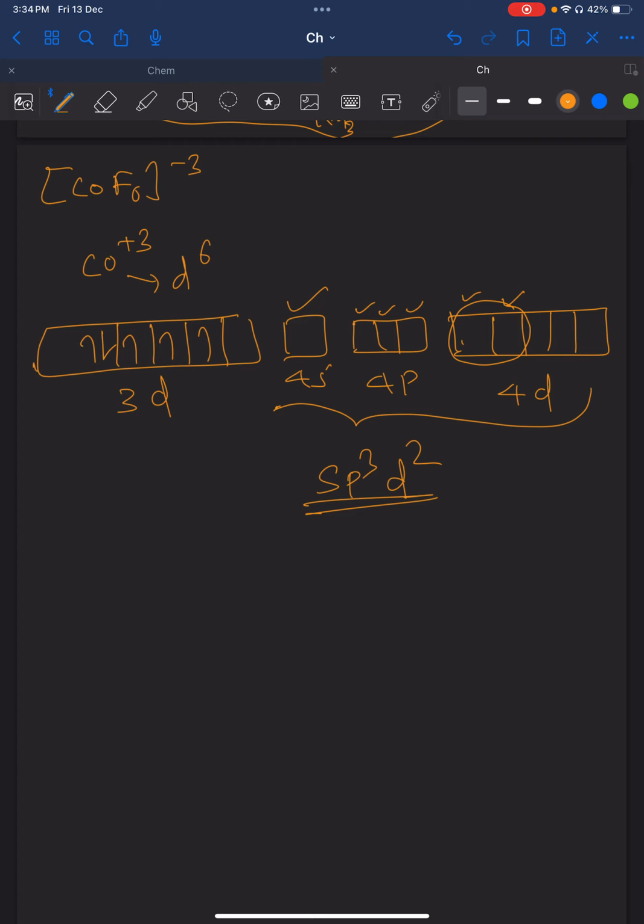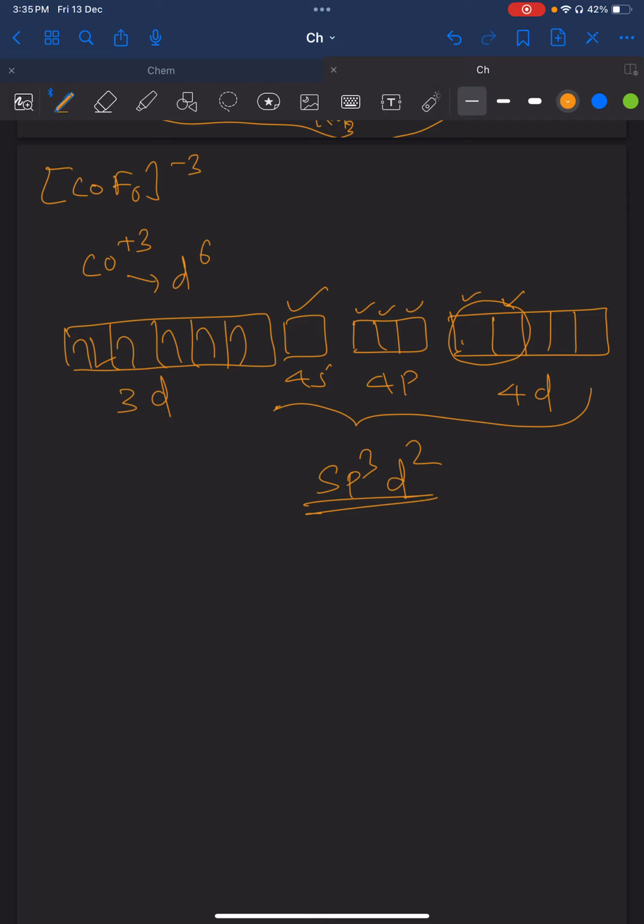Let me draw it again like this: 1, 2, 3, 4, 5, and 6. You can see these 6 orbitals are filled and the electrons are not getting paired.